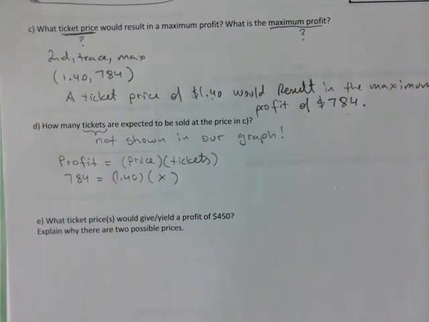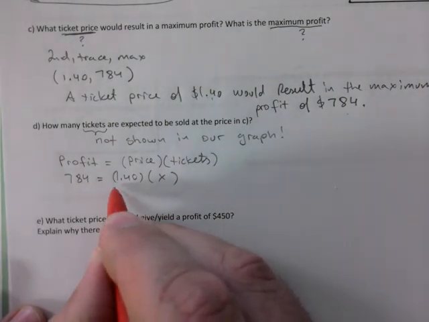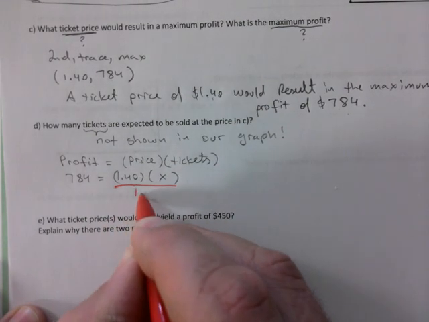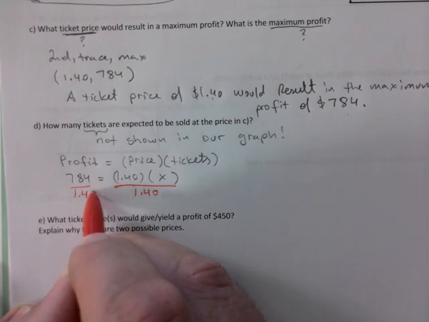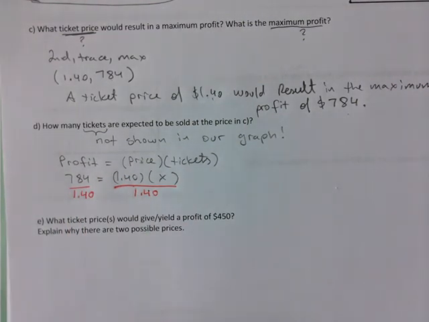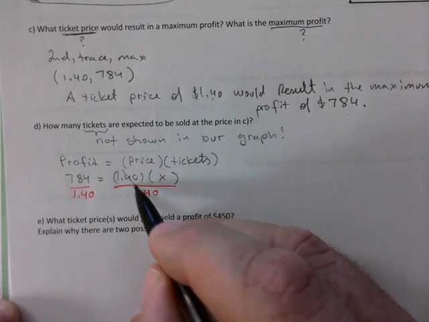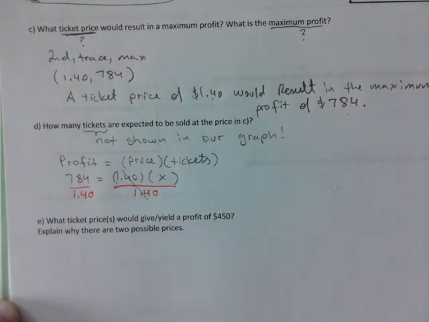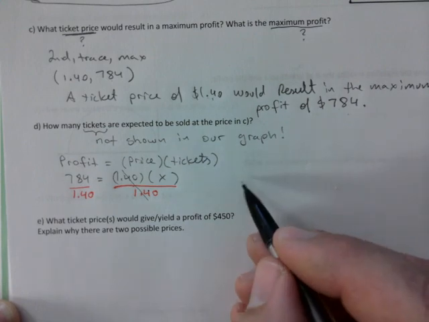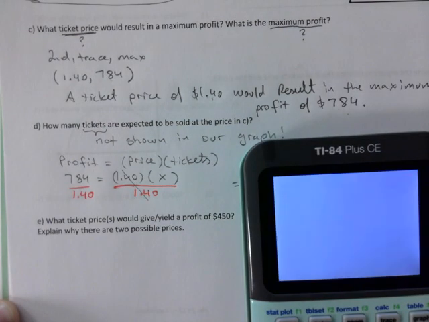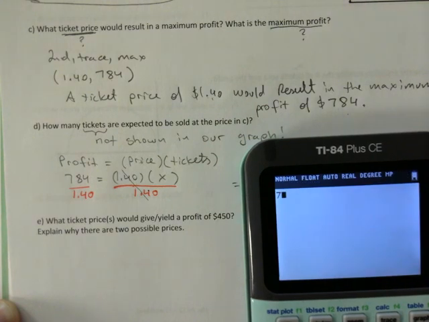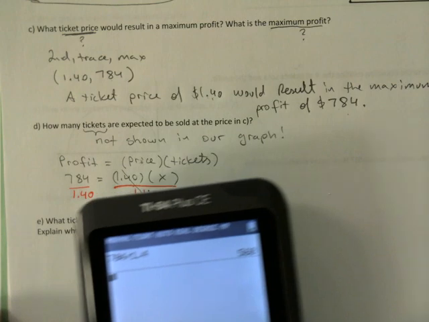And what do you have to do to isolate X? We divide by, in this case, $1.40. That allows us to turn that into 1. And so X is equal to 784 divided by $1.40, 560.